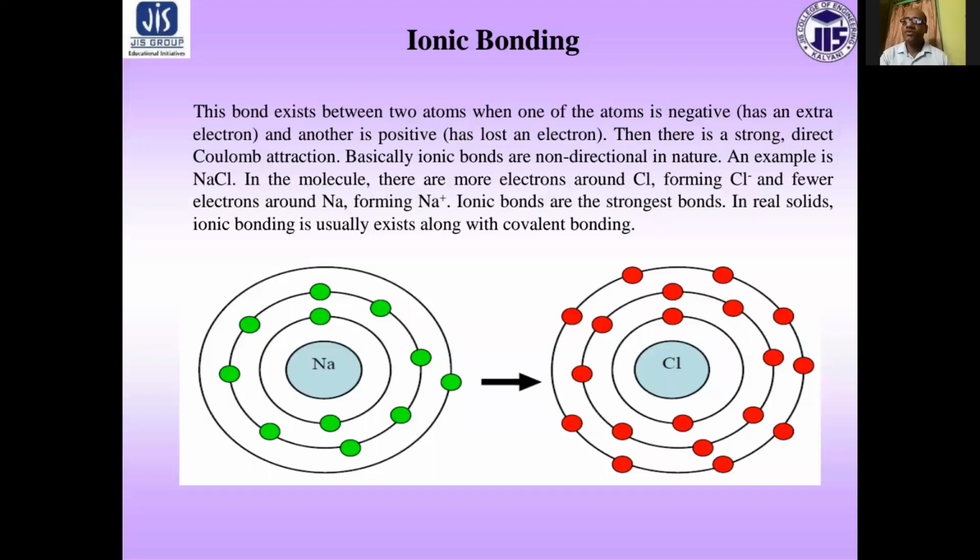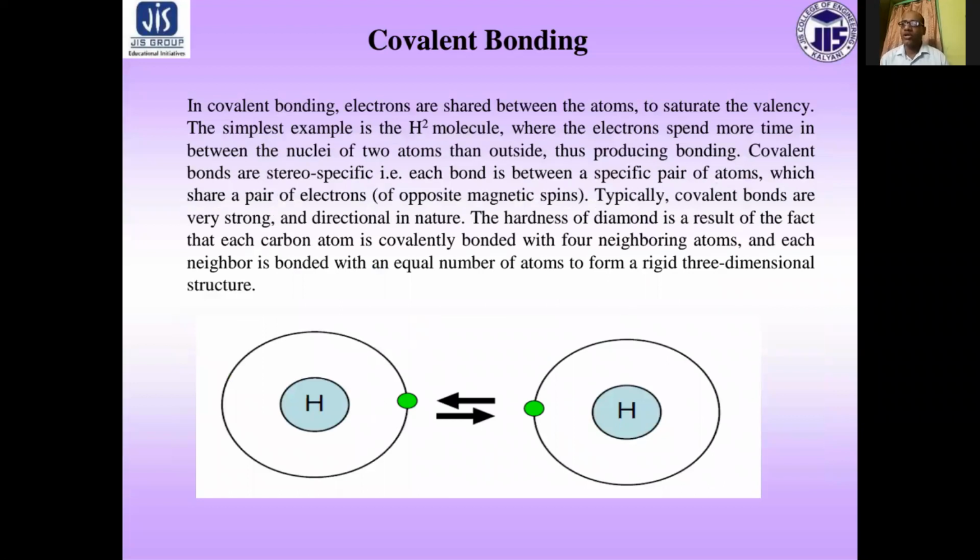Next, we will discuss covalent bonding. In covalent bonding, electrons are shared between two atoms to saturate the valence.